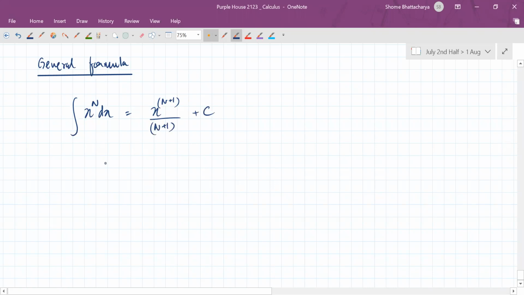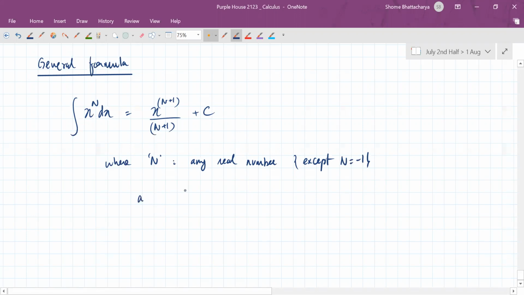Now I'll explain all these terms. Where n is any real number with one exception, we have to rule out -1. For -1 this formula doesn't work, because on the right hand side the denominator becomes 0, which is an undefined operation. So we can't take the value of n as -1.